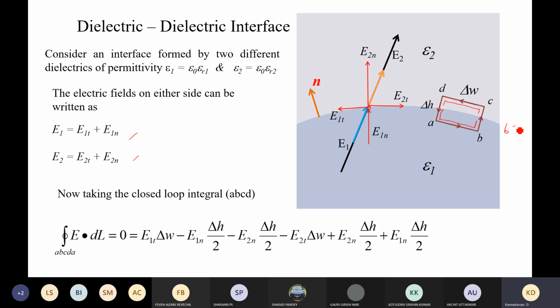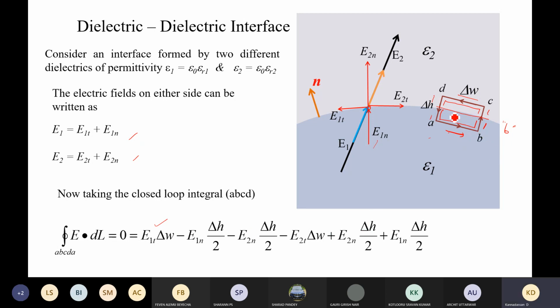Totally about 6 sections are there. And in this, half of that is in medium 1, half of that is in medium 2. And that is what we are describing here. So in medium 1, we have this structure, this A to B, this half of that, and this C to D, this half, like that. It is all written in this way.